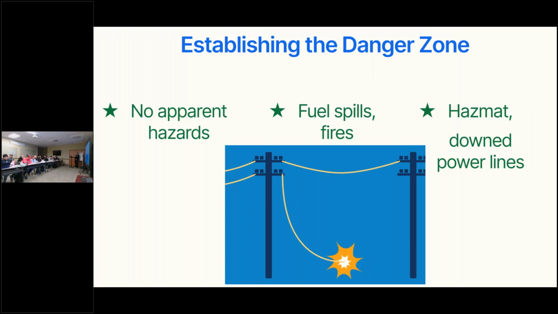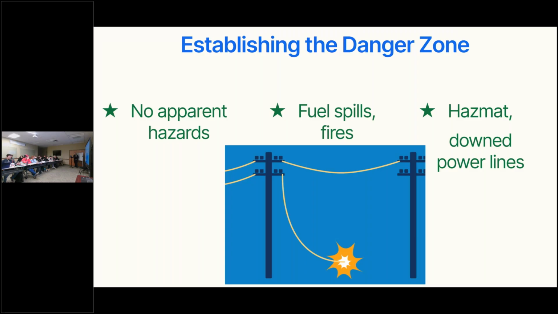So once you do your windshield survey, you determine that the scene is safe to enter. We need to kind of determine a danger zone. So can anybody tell me what you think a danger zone means? Don't go in, right, okay, cool.